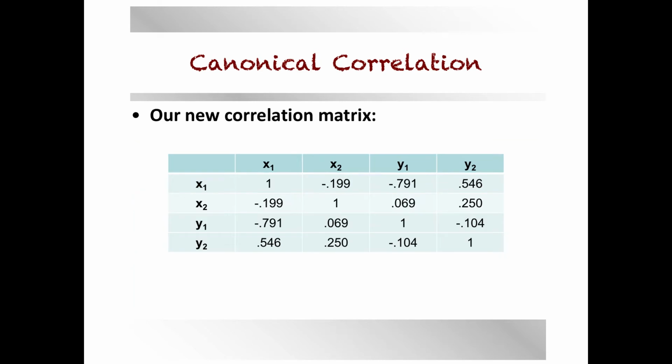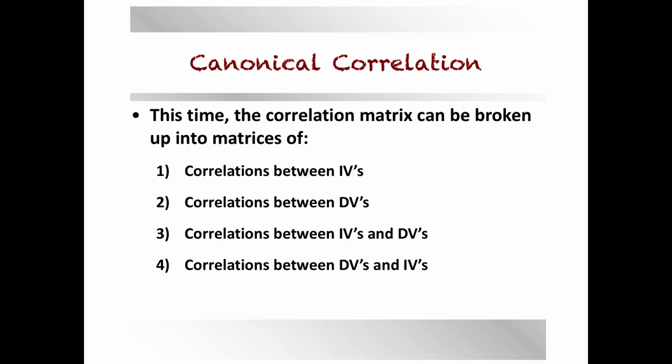Okay, anyway, moving on. Our new correlation matrix adds in that Y2, which is your baby's anxiety measure. And we're going to go forward from there. We need to split this thing up. So now it's a little bit expanded. It's got 2 IVs now. We've got 2 DVs as well. Before we had 2 IVs and 1 DV.